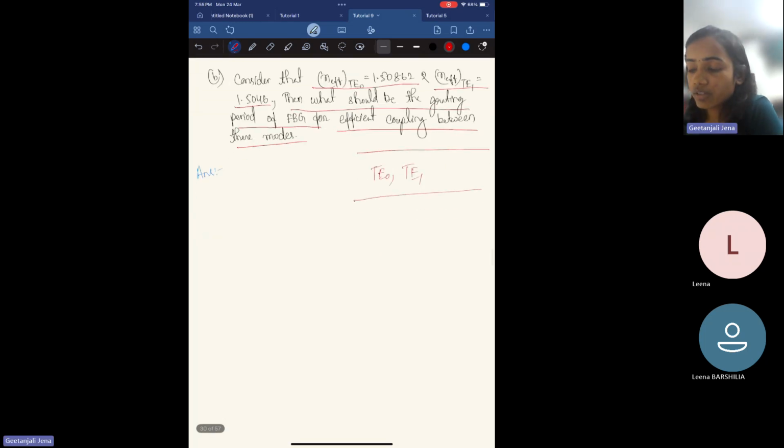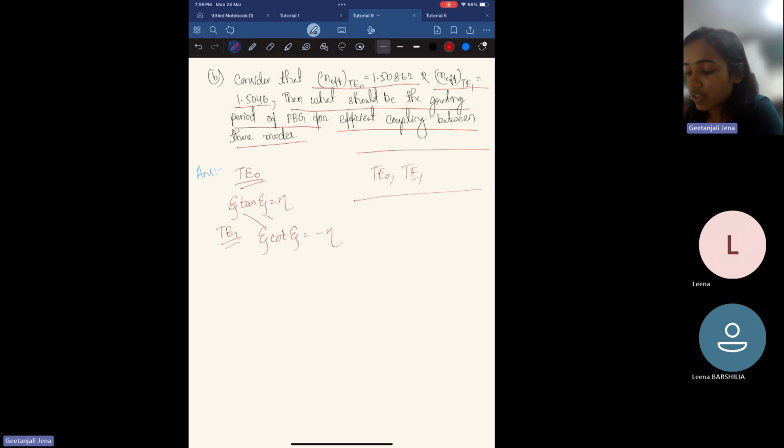How can you calculate the value of N effective? You have to use the transcendental equation. For T0, it's an even mode, so we can use tan zeta is eta. For T1, it's an odd mode, so you can use cot zeta is minus eta.